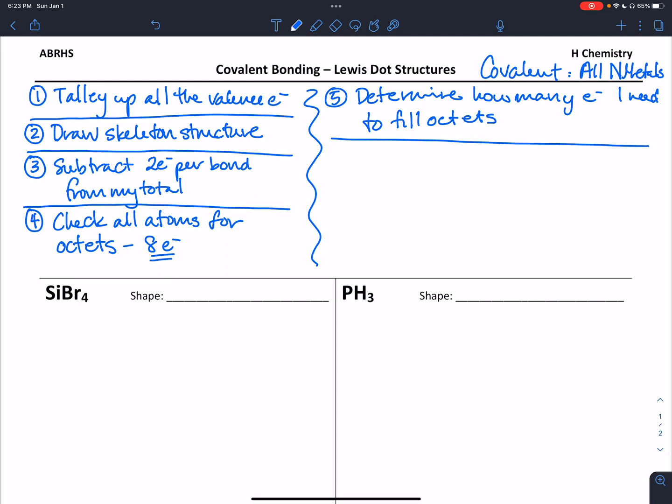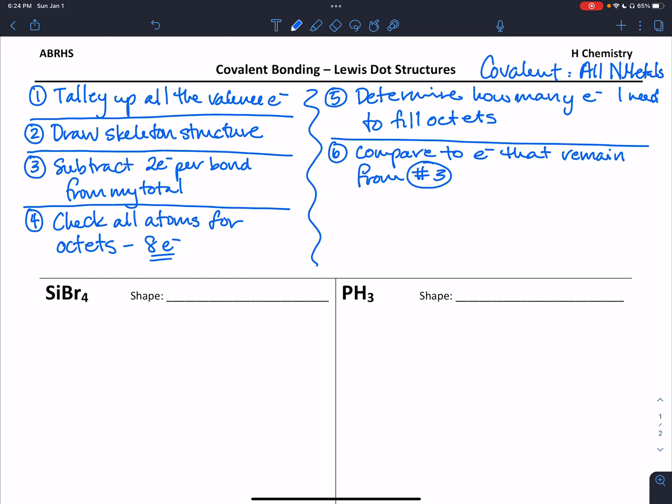So I determine how many electrons I need to fill octets, and then I compare to electrons that remain from number 3. In other words, the electrons that remain after I've subtracted them out when I form my skeleton structure.